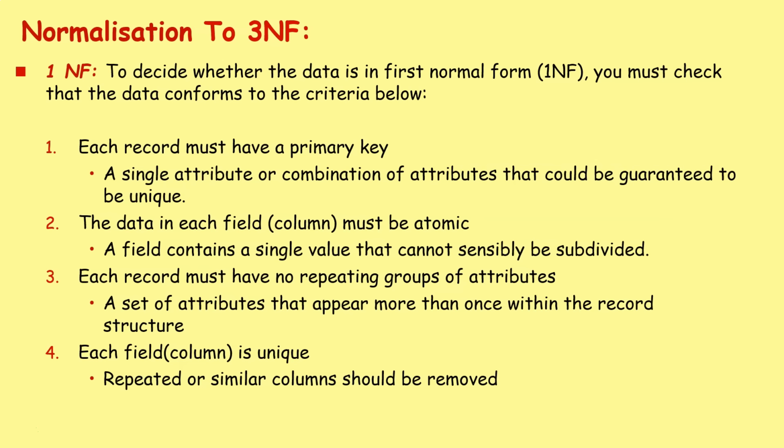This means a field contains a single value that cannot be sensibly subdivided. 3. Each record must have no repeating groups of attributes. A set of attributes that appear more than once within the record, not the table, is a problem. And 4. Each field must be unique. Repeated or similar columns should be removed.